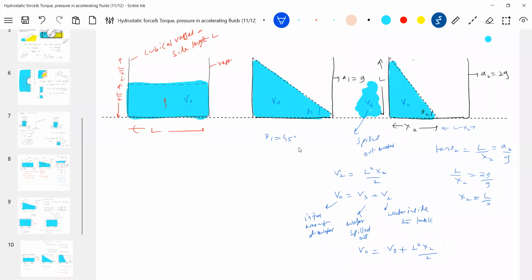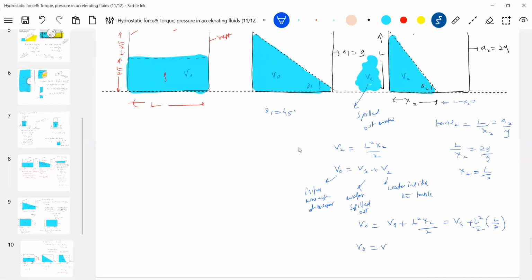Substitute that, and only this much will come, L cube by 4. V0 is L cube by 2. So how much should the spilled out volume be? L cube by 4.